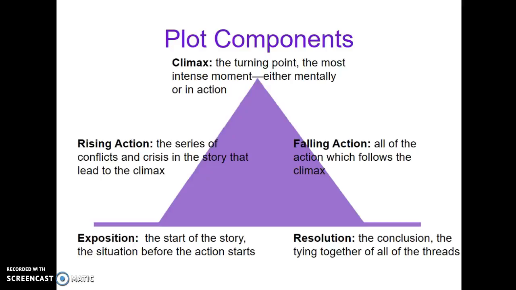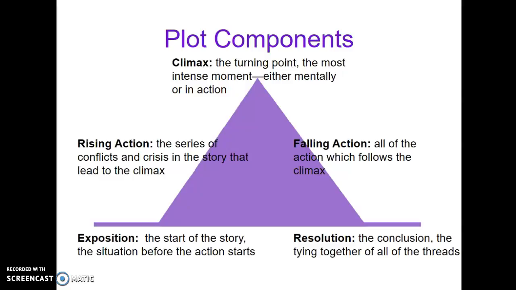So in the exposition, you're going to be introduced to the setting, the time and the place, the characters, and the basic situation, like what's going on. And in the exposition of Rikki-Tikki Tavi, we have Rikki-Tikki, the mongoose, and he is swept from his burrow by a flood, but then he's rescued by Teddy. So Teddy's family decides to adopt Rikki-Tikki.